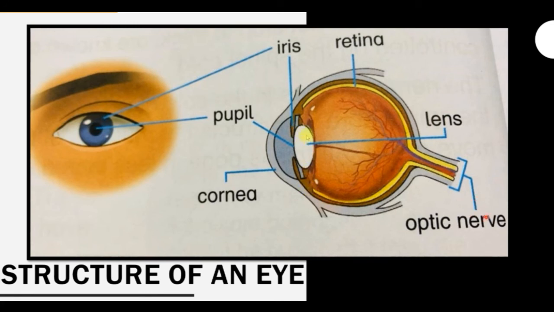Well, the lens focuses the picture on a screen that is called the retina. After that, we have the optic nerves here. Whatever image is formed by the retina, these optic nerves take that image to the brain.